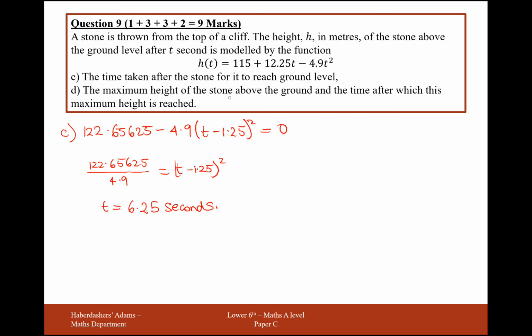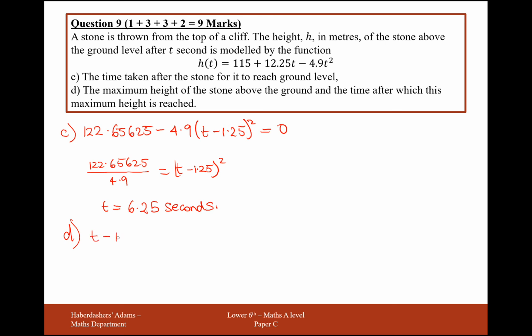Find the height of the stone above the ground level and time at which it takes to reach a maximum height. Okay, so now we're looking for the maximum height. This clue here gives us quite a big clue, really. If we've got a subtraction here of something squared and we want to maximize this function here, then we want this bracket here, the squared part of it, or the positive part of it, to be equal to 0.